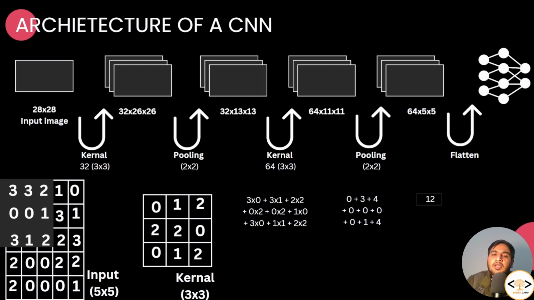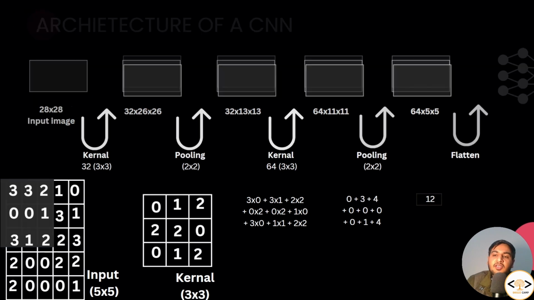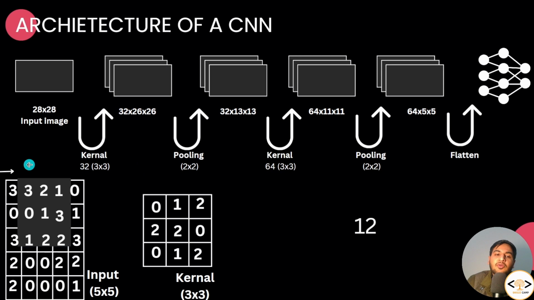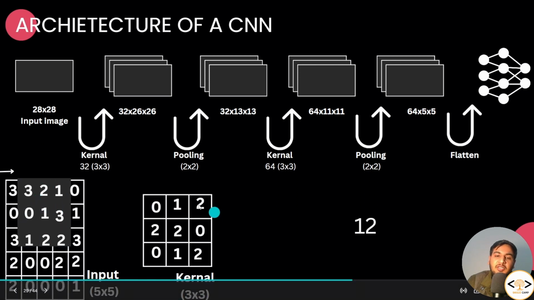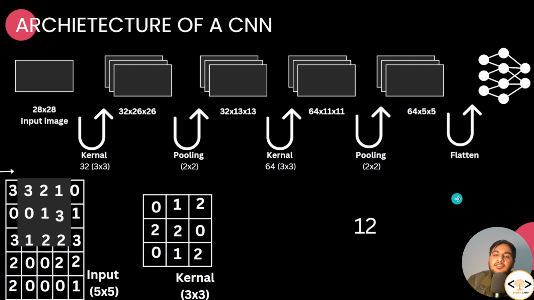Now, we have done that just for the first one. For the second one, we are going to move a single column forward. Then these values would be multiplied with the kernel, and the answer would be the same as the previous one, 12.